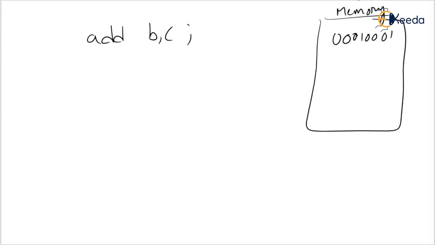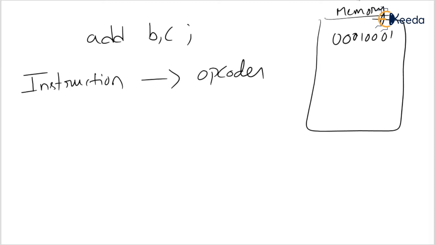Another important point is that each instruction has one opcode. Dear students, please try to understand. Add B comma C has one opcode, multiplication one opcode, subtraction one opcode, division one opcode. So each instruction has one opcode.